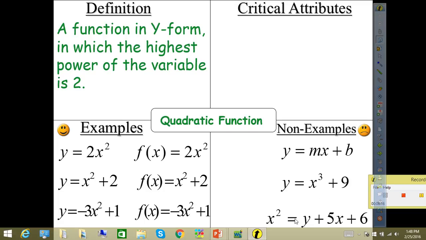All right, look at this last non-example. Why is that not a quadratic function? So look at the definition and look at this one. Talk it over with your neighbor. Why is this not a quadratic function?